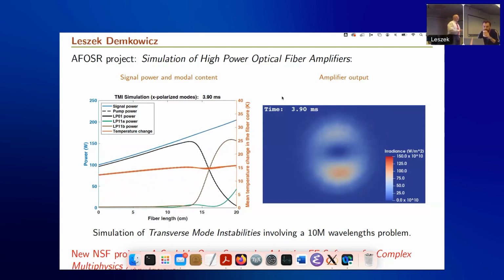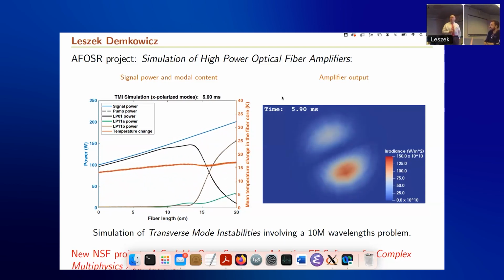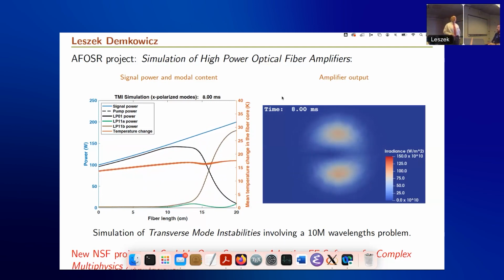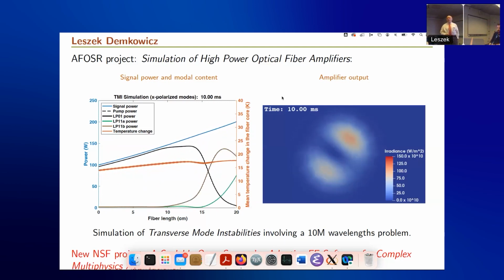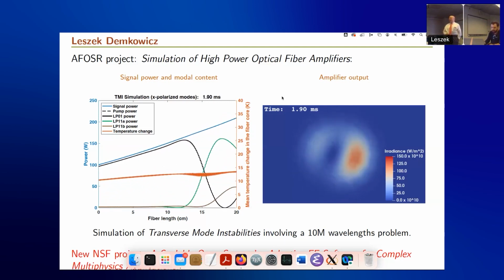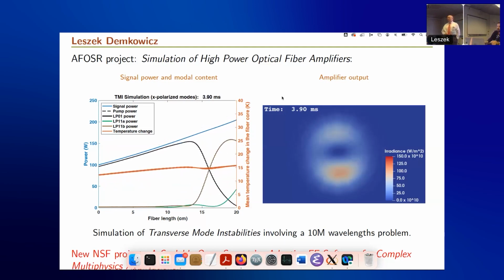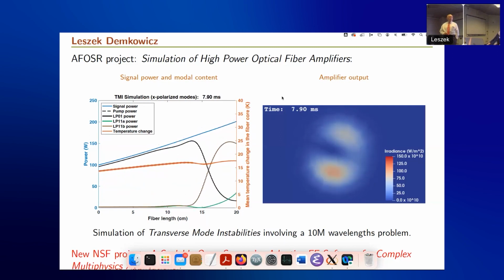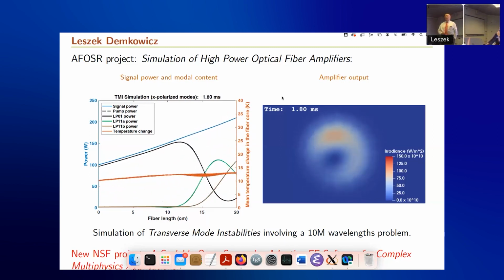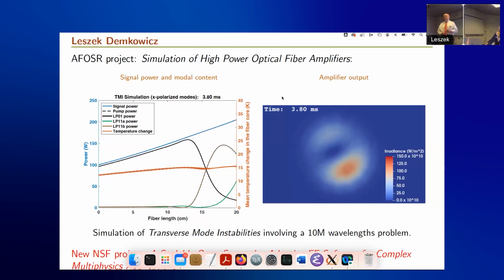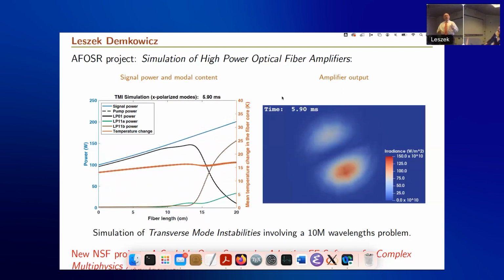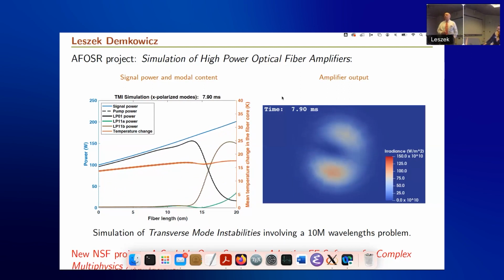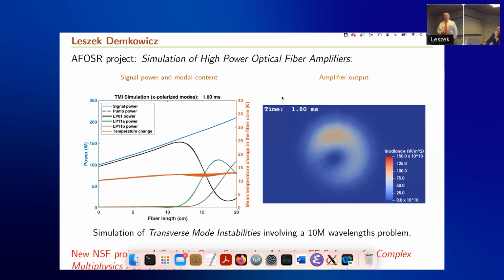So Stefan is online. This is his work. You're looking here at the simulation of an optical amplifier, in simpler words, a laser, right? Mathematically, that is the solution of two nonlinear time-harmonic Maxwell equations representing the signal and the pump coupled together with each other and coupled with a transient heat equation to account for thermal effects.